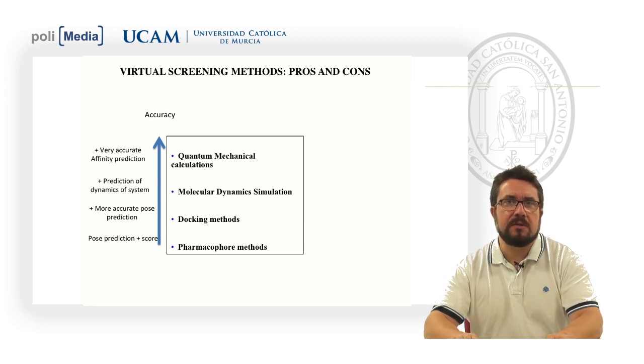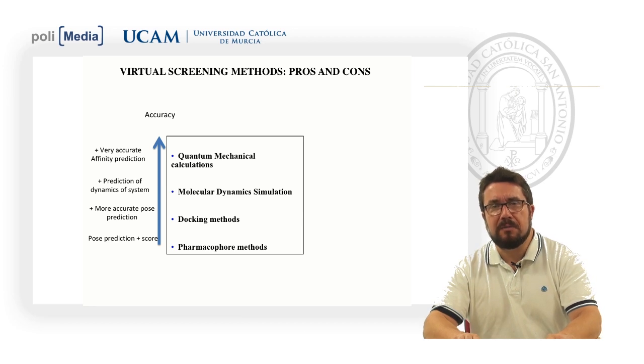Then docking methods are a bit more precise. Then we can go for molecular dynamics simulation, and in this case we can add the time dimension, so we can study also how the system evolves in time.